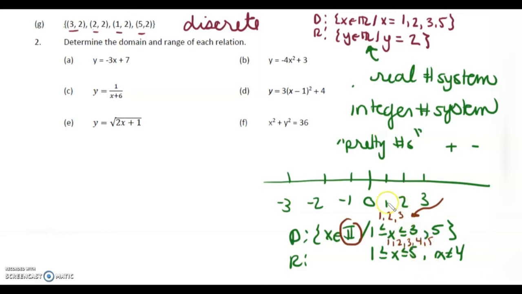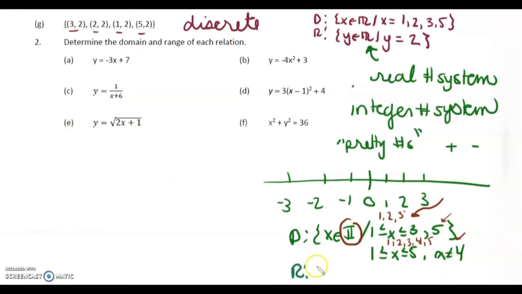Okay, so if you did 1 to 3, you also have to include the integer 5. If you did 1 to 5, you have to then take out the 4. Okay, a little bit more accurate, math form wise, but a little bit more complicated if you're not using the integer number system often.